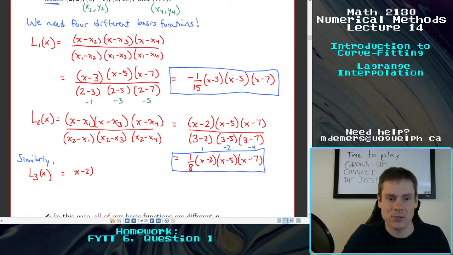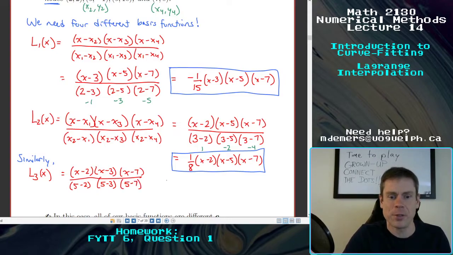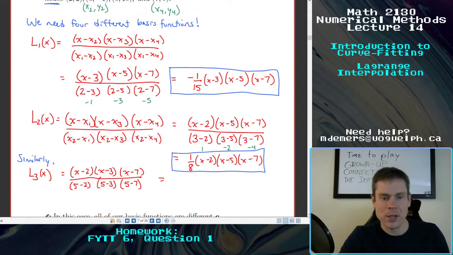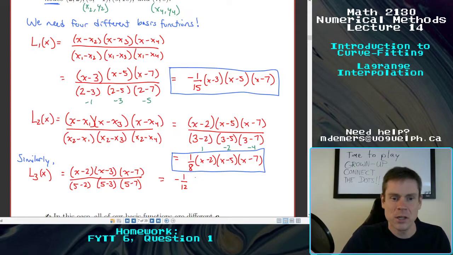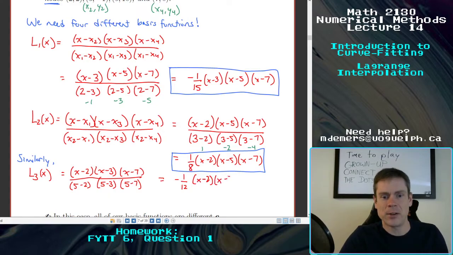X minus the first, x minus the second, and x minus the fourth over, and then the third minus the first, the third minus the second, and the third minus the fourth. And this will work out to 3 times 2 times negative 2. 3 times 2 is 6 times a negative 2 is going to be negative 12, so I think it's minus 1/12. Correct me if I'm wrong, but I think we're good. X minus 2, x minus 3, x minus 7.